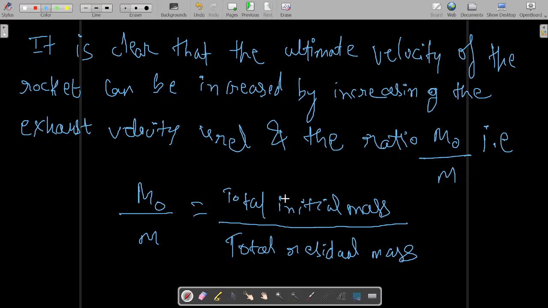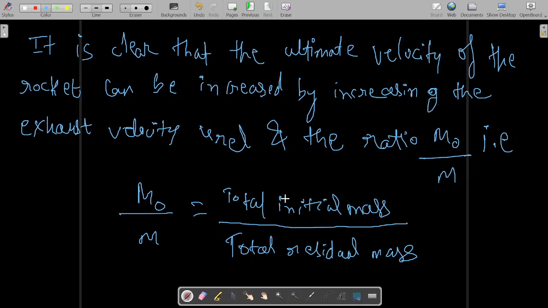So if you take a very huge amount of fuel inside your rocket, only then this situation will arise, that the initial mass is very high and the final mass is very less, because fuel will be burnt out.